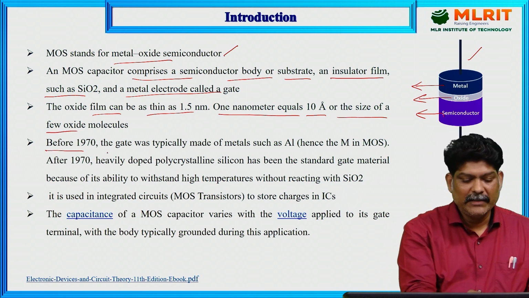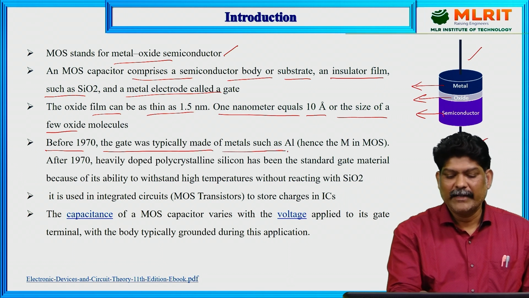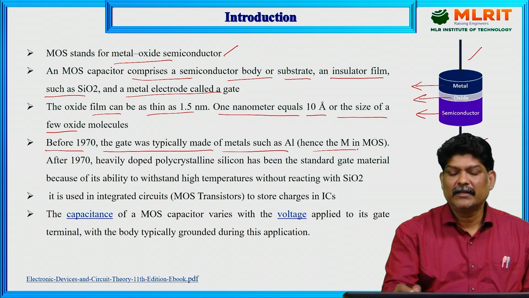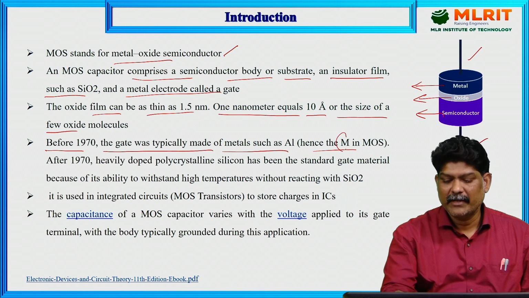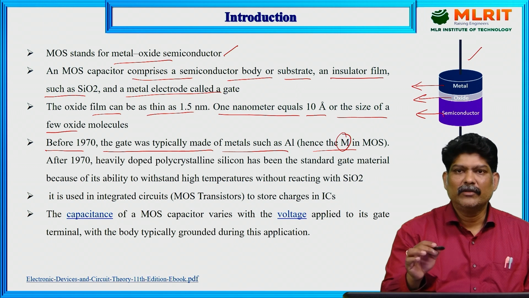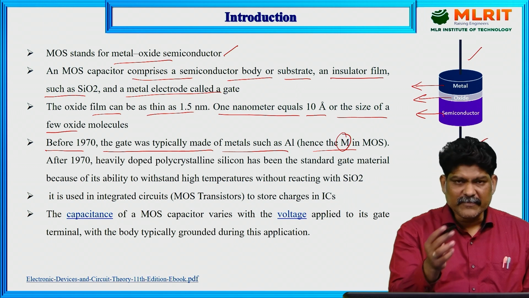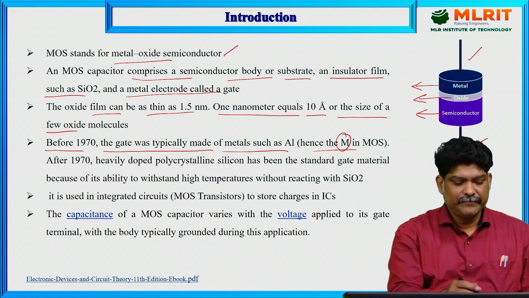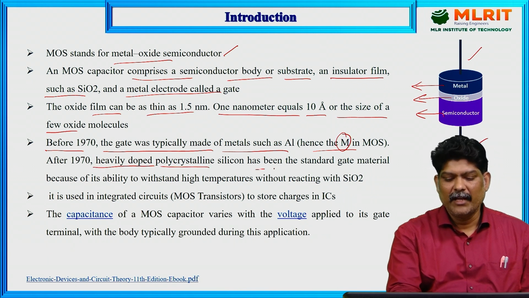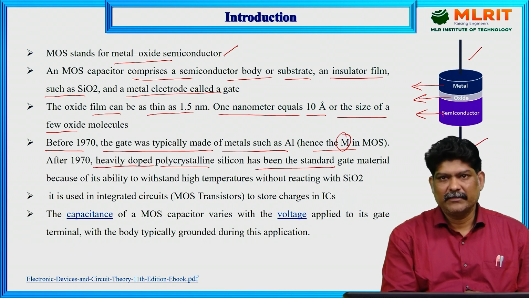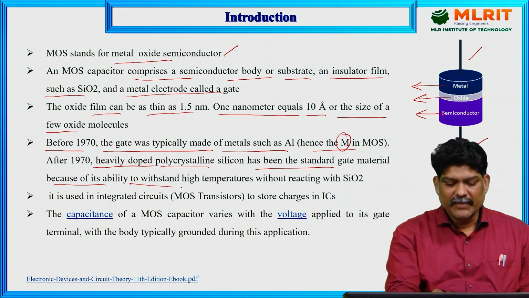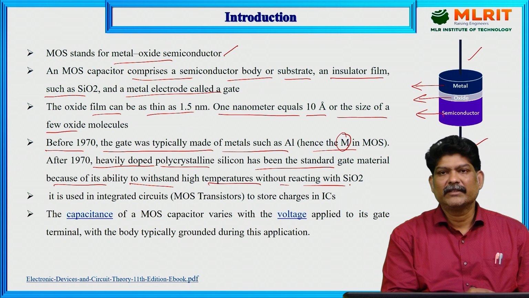Before 1970, the gate was typically made of metal such as aluminum, hence the name metal in MOS. Up to 1970, metals were used. After 1970, heavily doped polycrystalline silicon has been the standard gate material because of its ability to withstand high temperatures without reacting with the SiO2.